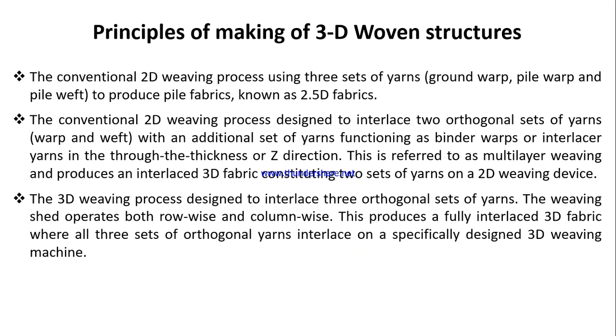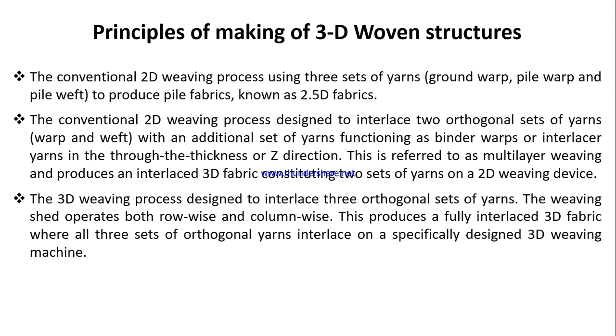In the conventional 2D weaving process, the set formation only occurs in the row-wise direction, but in the 3D weaving process, set formation is also required in the column-wise, vertical direction. This produces a fully interlaced 3D fabric when all 3 sets of orthogonal yarn interlace on specially designed 3D weaving machines.